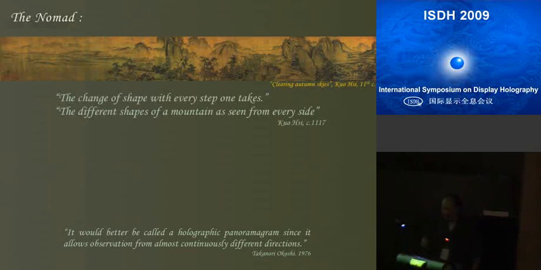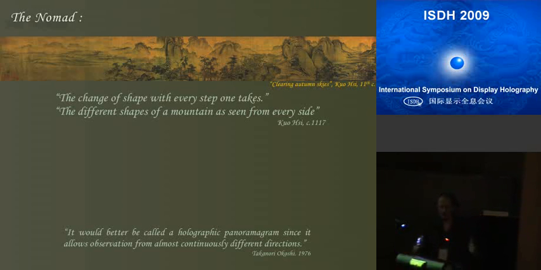The other day I talked about Kuo Hsi, this Chinese painter of the 11th century, talking about void and volume. Kuo Hsi again, in the same treatise on landscape painting, talks about the change of shape with every step one makes, and the different shape of a mountain as seen from every side. In this paragraph, he talks about how the painter walks in the landscape to represent different points of view.